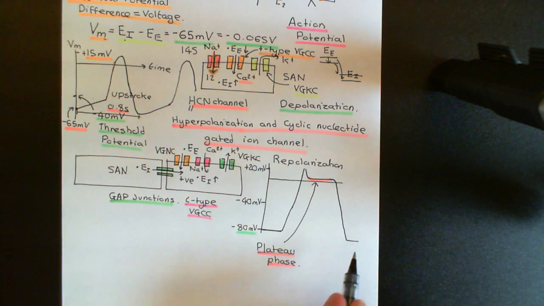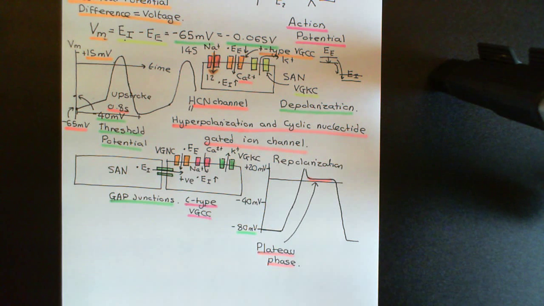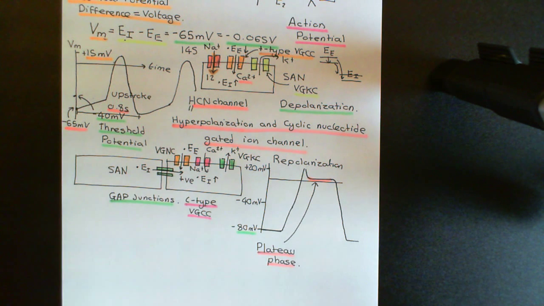And that is this orderly sequence of changes in the electrical potential difference across the cell membrane of a more normal cardiomyocyte. So this is what the graph of an action potential is going to look like for a cardiomyocyte that is not a sinoatrial node cardiomyocyte and not an AV node cardiomyocyte.